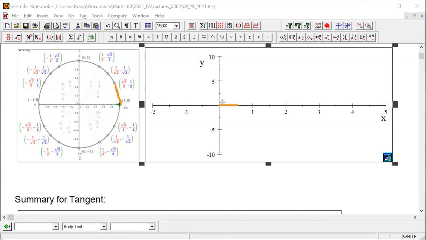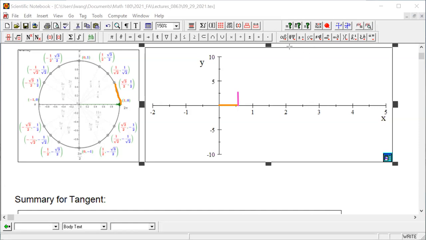And what's the output? The output is neither going to be blue nor red, but that output is going to be the ratio. And that ratio is defined by tangent. So how is that defined? That's our idea.